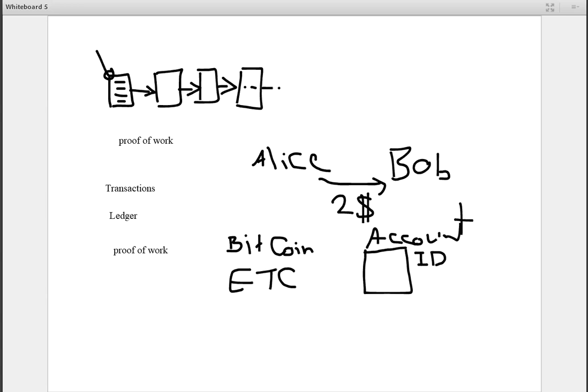But in cryptocurrencies, there is nothing about personality. No names, no ID, nothing. Just an address. For Ethereum, a balance.